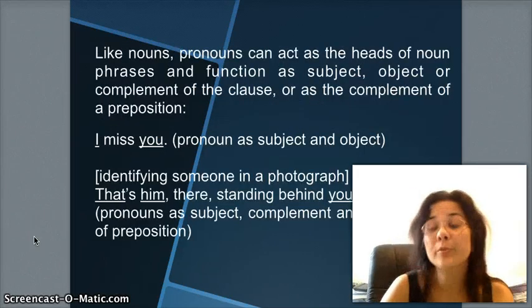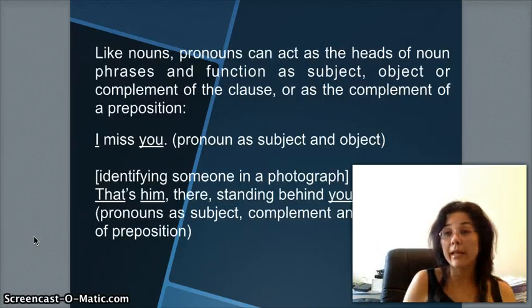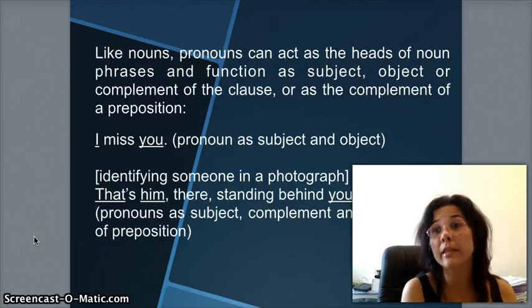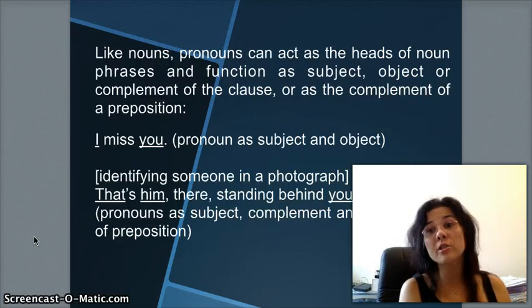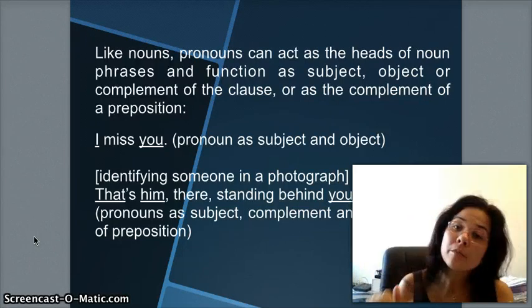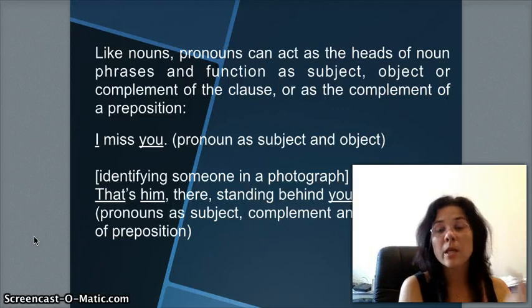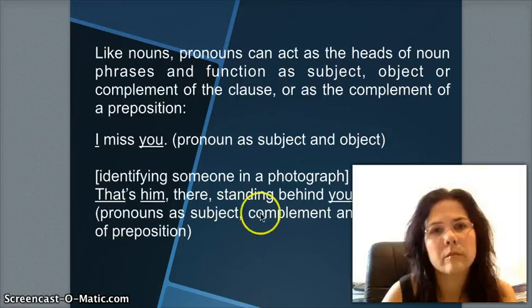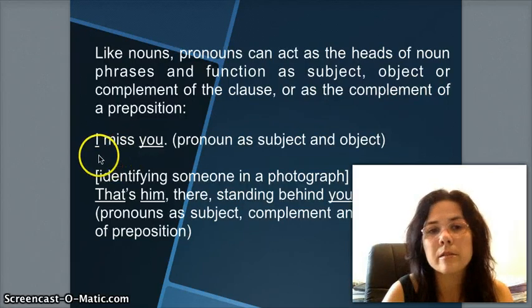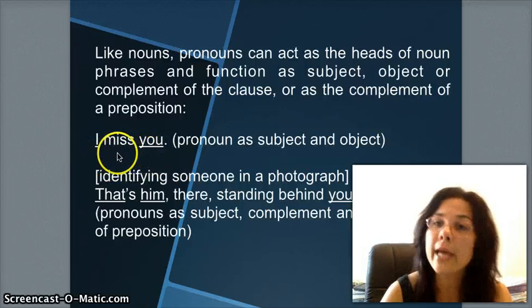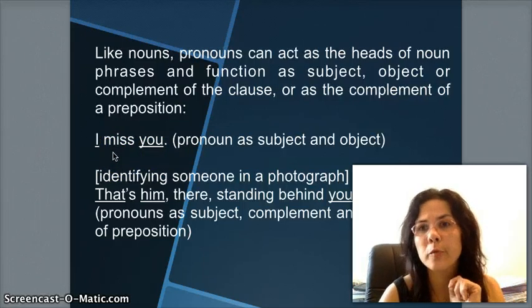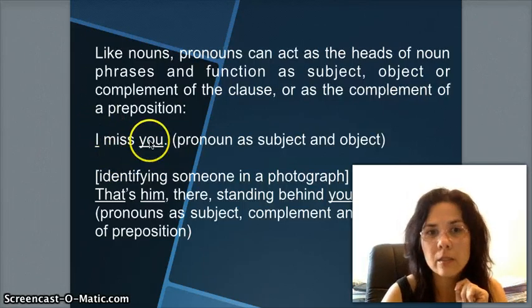Like nouns, pronouns can act as the heads of noun phrases and function as subject, object or complement of the clause, or as the complement of a preposition. Here I have some examples. In the sentence, I miss you, we have two different pronouns, I and you.